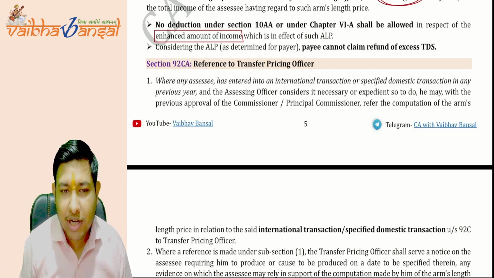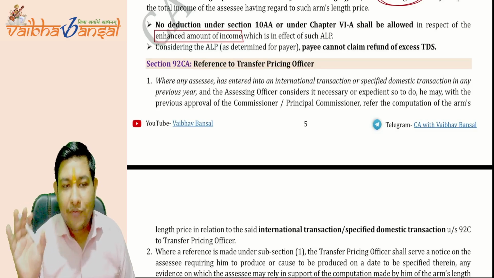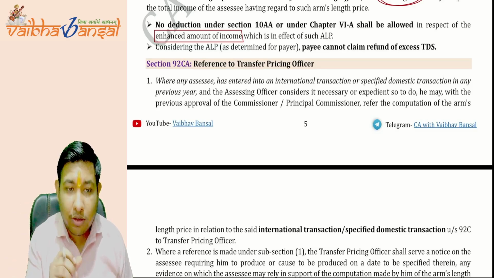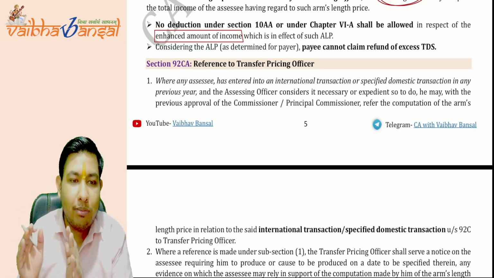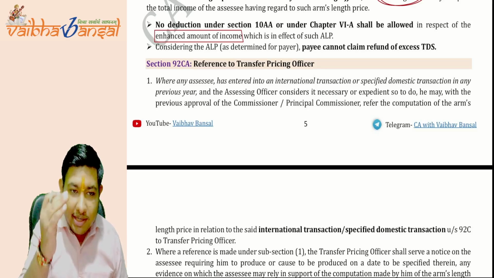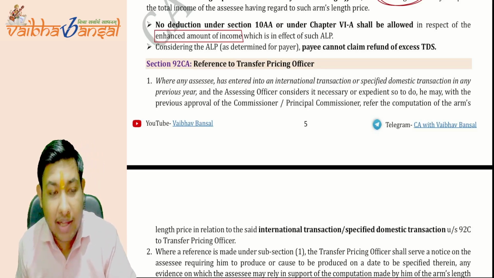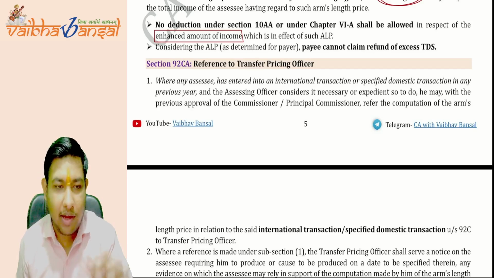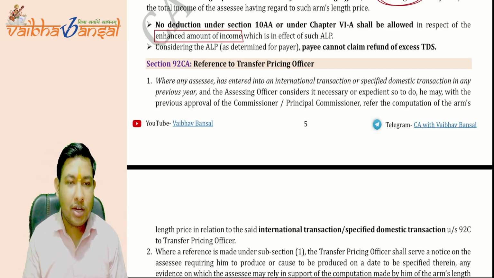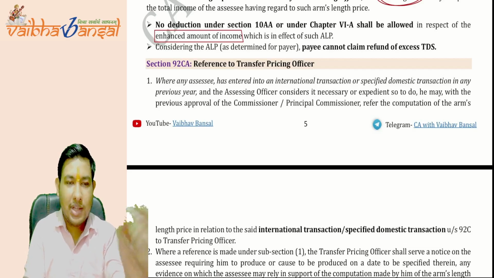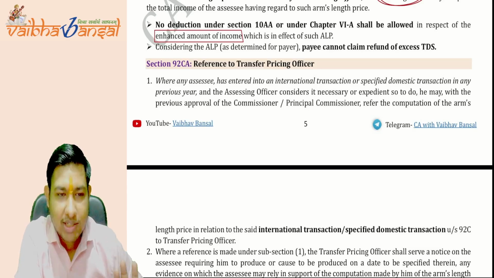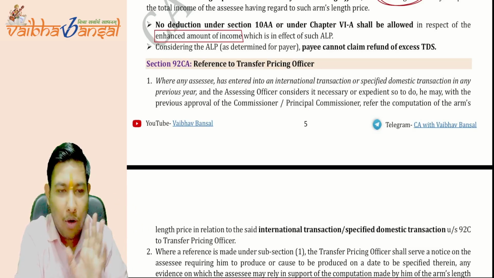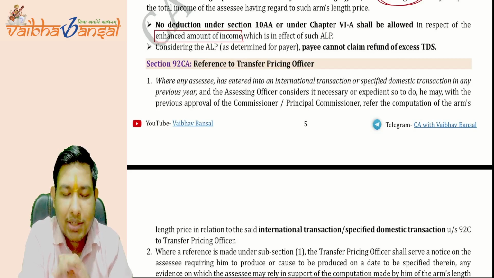So for those transactions, there is a specific authority, a specific kind of assessing officer known as a Transfer Pricing Officer. So in such a case, in the assessment procedures, when the AO can open your assessment, the scrutiny assessment, regular assessment, 147, 148 notices, all these reassessment kinds of things.